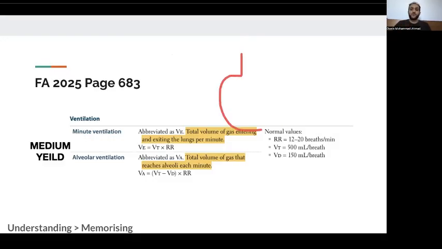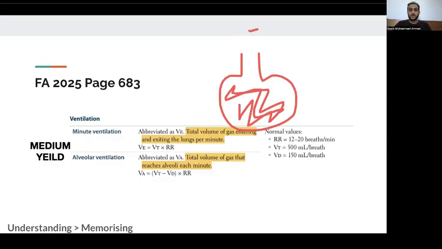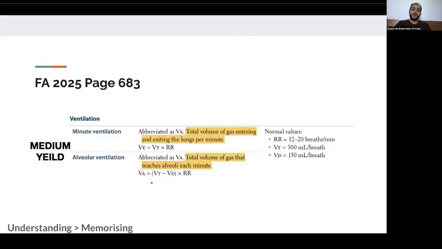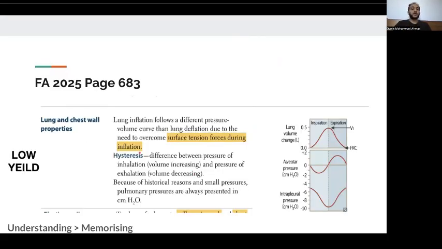If you have an alveolus over here, this is the gas which is involved in gas exchange, but this above over here is your dead space. We're not really using that. So you take tidal volume minus dead space, and you get the volume that's reaching the alveoli, and you times the respiratory rate.